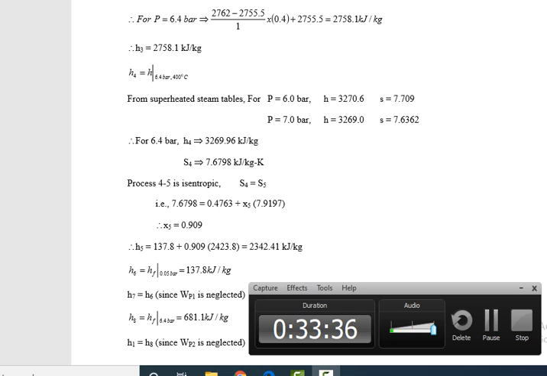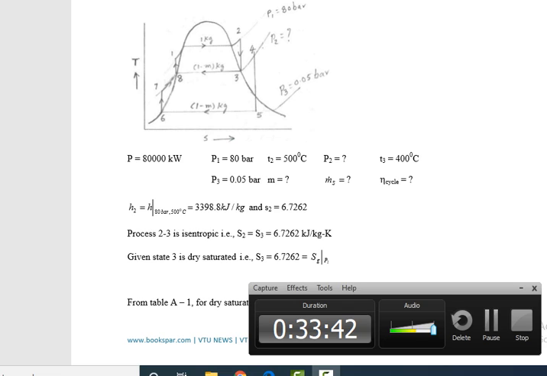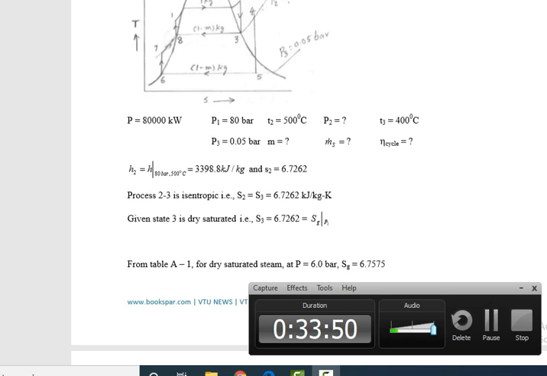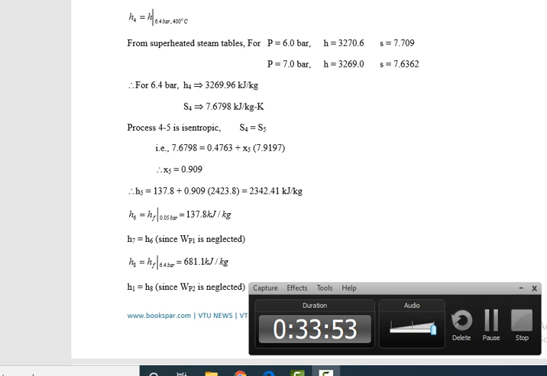And then again look at the process 4 to 5. Again go to the diagram. The 4 to 5 line is perpendicular to the entropy axis, that is, the entropy at point 4 equals the entropy at point 5. Therefore we can write S4 equal to S5. Apply the equation S5 equal to Sf5 plus X5 Sfg5. Putting in the values, you get X5, the dryness fraction at point 5.